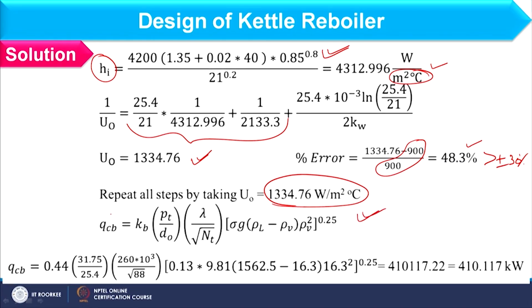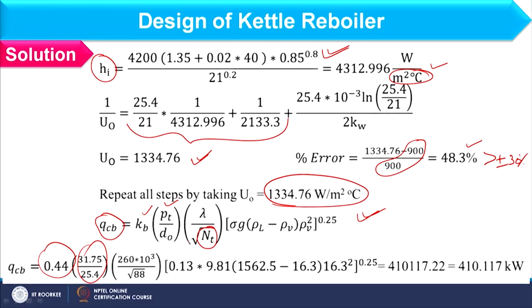Okay. So, to find the critical flux value we will use this expression, where QCB is the critical flux in the kettle reboiler, right. And here you see all the parameters. So, KB value should be 0.44, PT is the pitch and Do is the OD of the tube, values you know already. And here we have to see what is the NT.